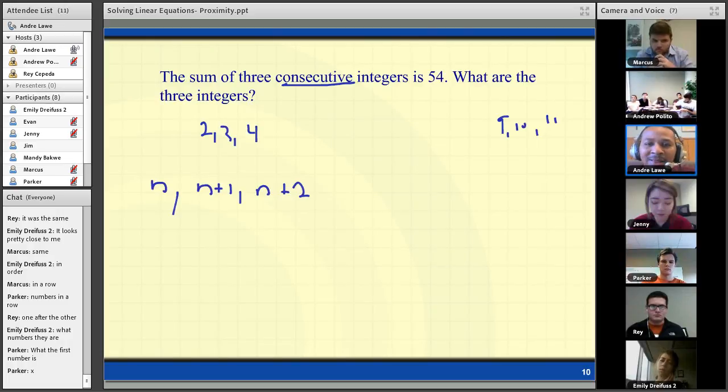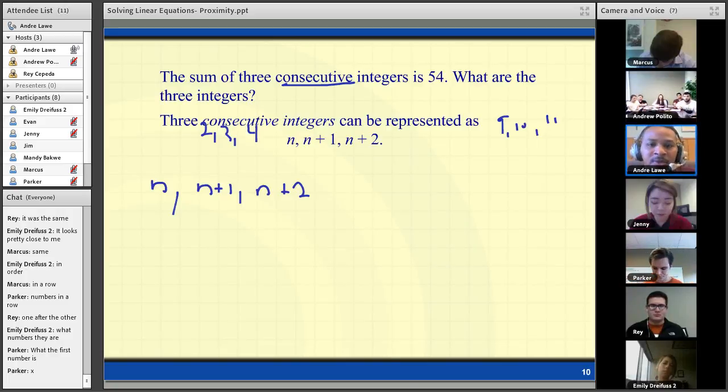So I'm going to call that n plus 2. So our 3 consecutive integers would be n, and then n plus 1, and then n plus 2. So we're going to go ahead and write an equation that we can use to solve for n.